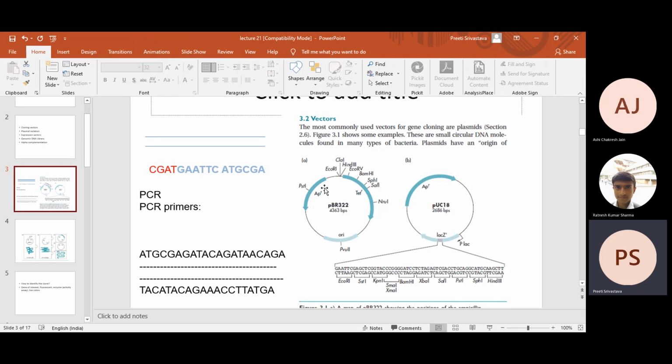Now you can pick individual colonies and streak them on ampicillin plates. The colonies which do not grow on ampicillin are the ones which contain the insert, whereas the colonies which have grown on ampicillin are the ones where the vector has self-ligated.